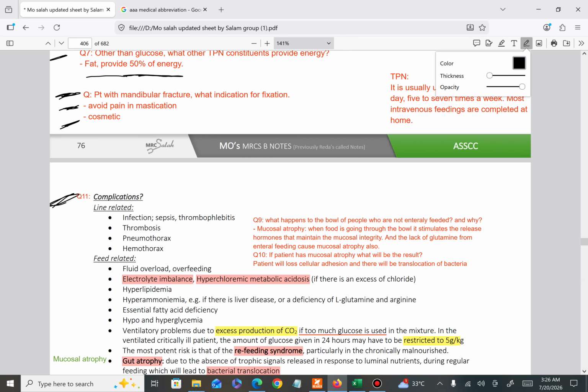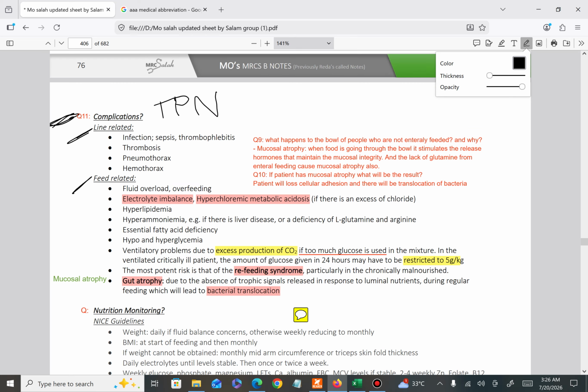So the complications of the TPN, total parenteral nutrition, are line related or feed related. The line related include infection like sepsis and thrombophlebitis, thrombosis, pneumothorax.